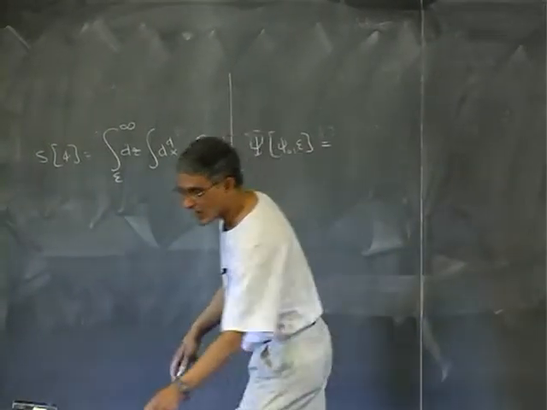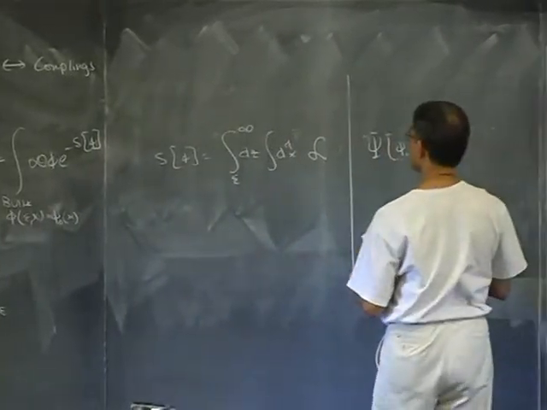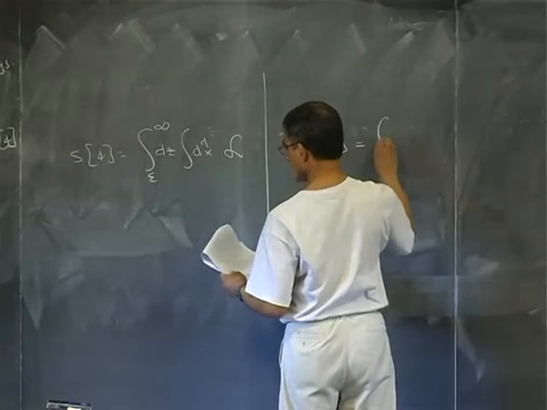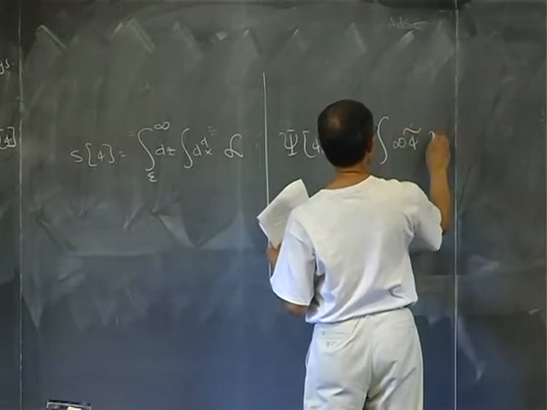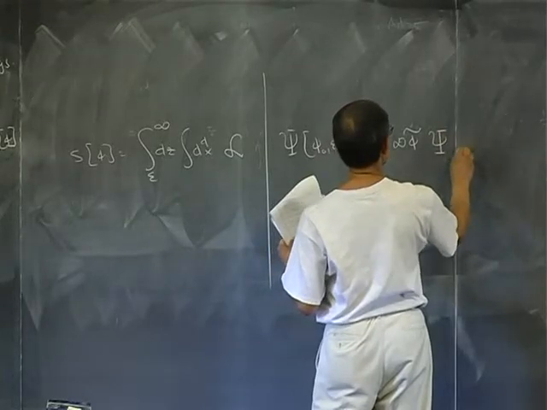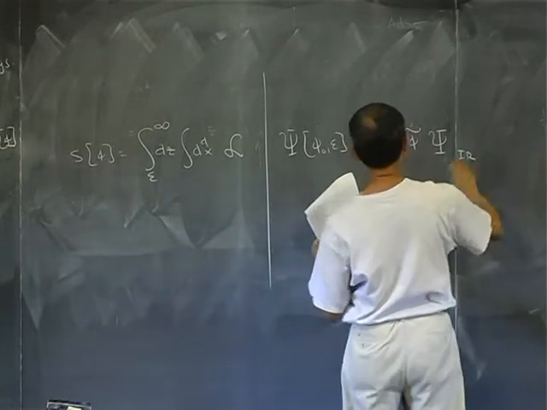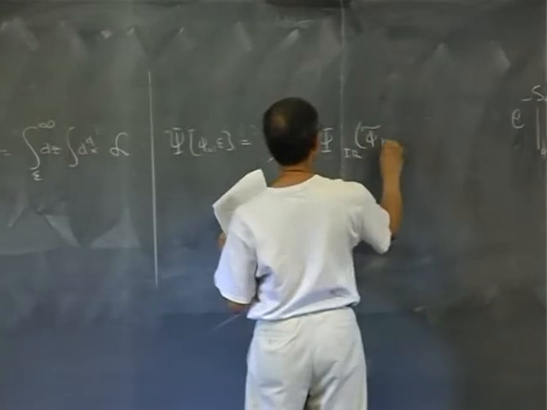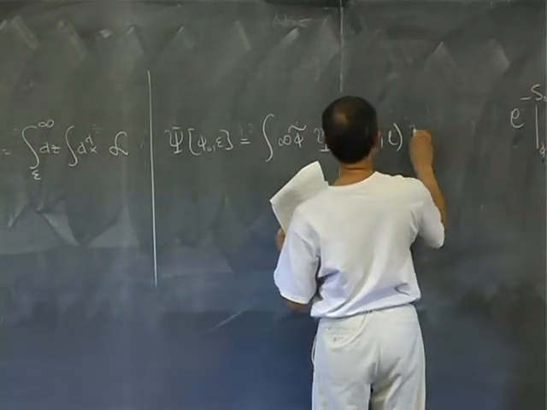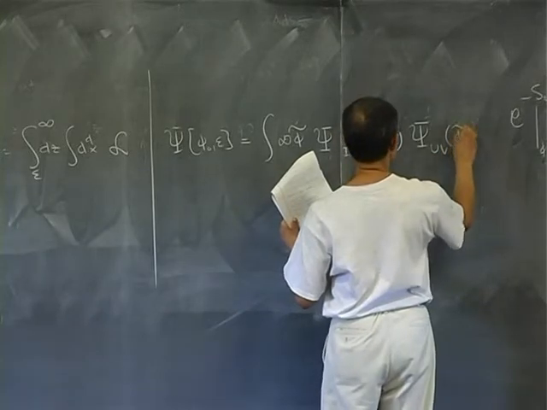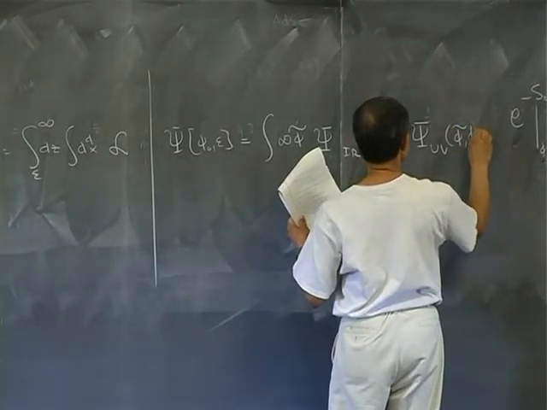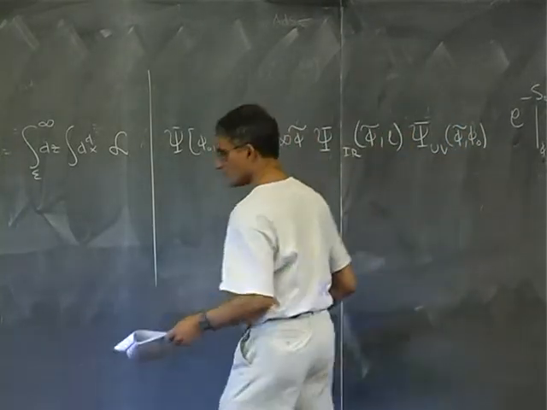So clearly I can write an identity in the following way. Let me first write down what the identity is. This is the law of superposition of quantum mechanics. So what I mean by this expression is as follows.